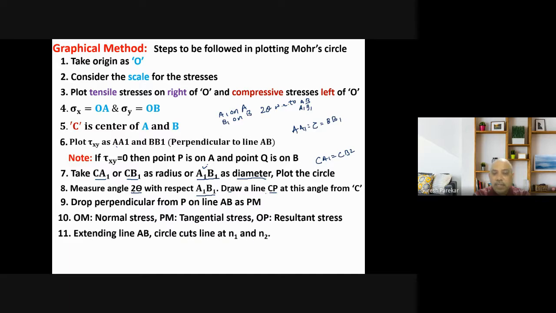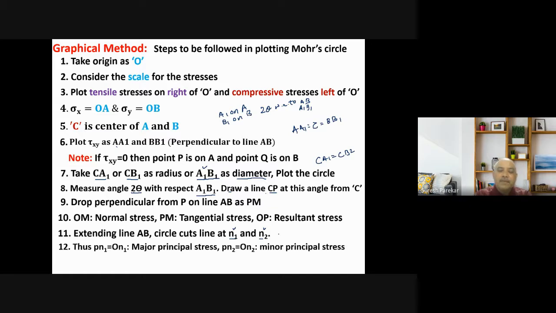Then we have to extend line AB, and the point where it cuts the circle is known as N1. And the other, which we already have on the left side where the circle cuts line AB, is N2. So N1 and N2 are the 2 points on line AB cut by the circle.